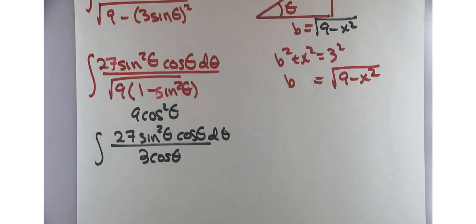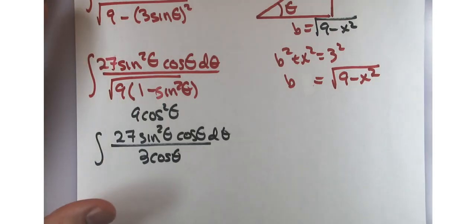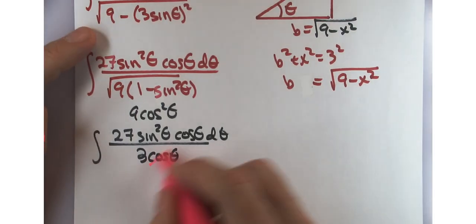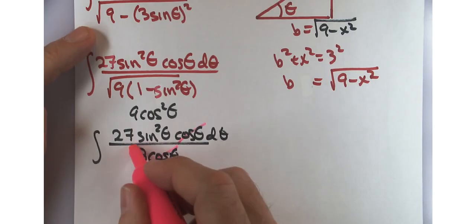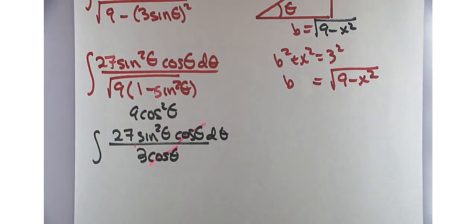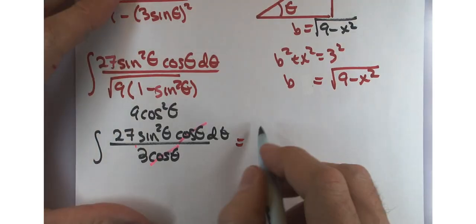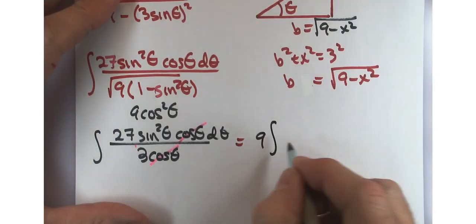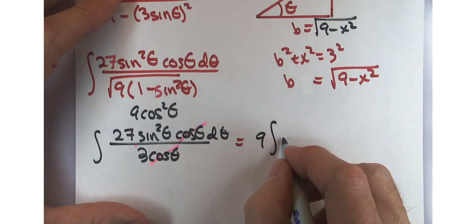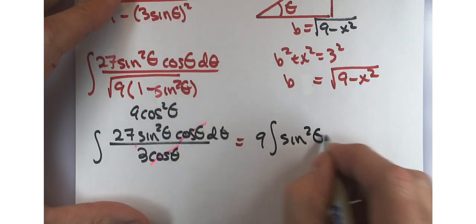Well, we get a couple cancellations here, right? The cosine of theta is going to cancel, and then the 3 will cancel. That's going to leave us with 9 times the integral of sine squared of theta d theta.